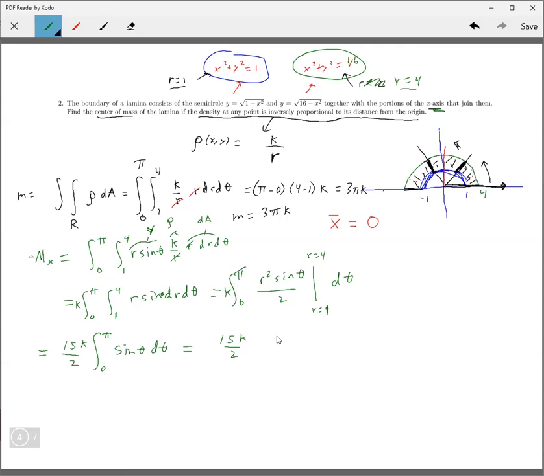And the integral of sine theta? Is it cosine theta? Negative cosine theta.